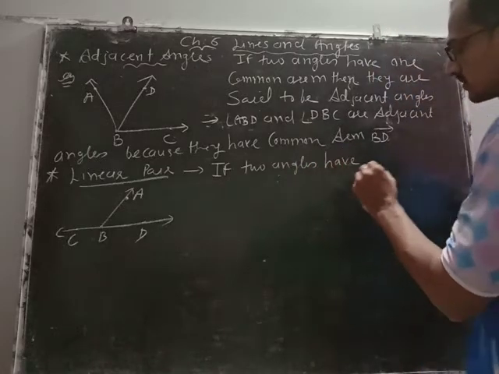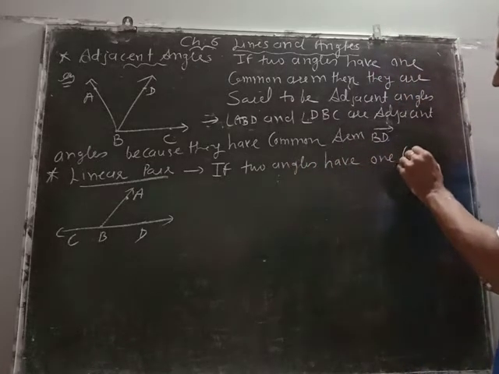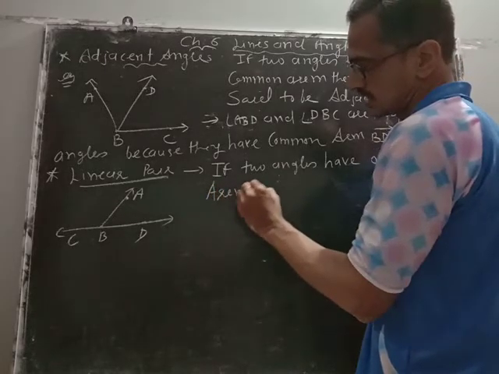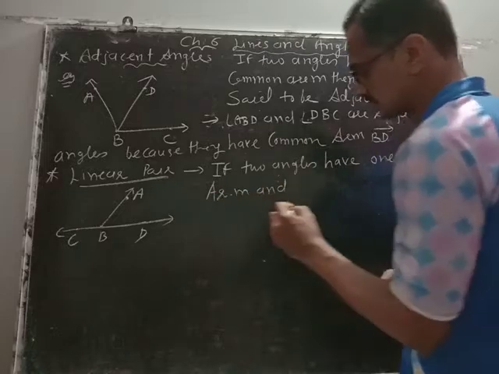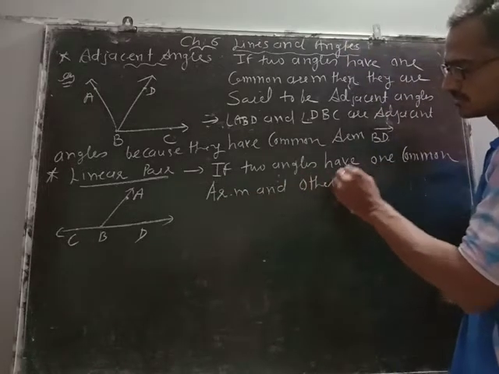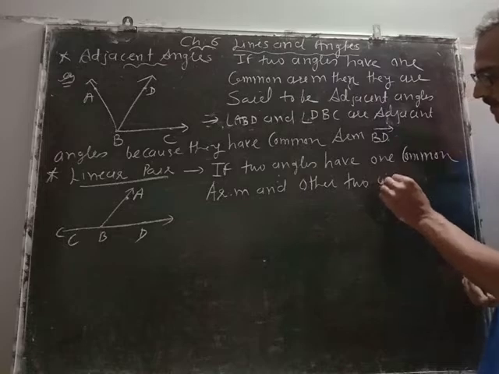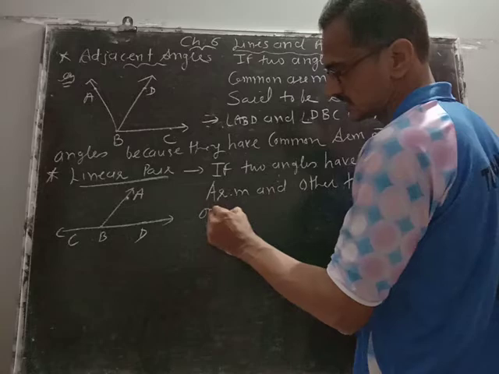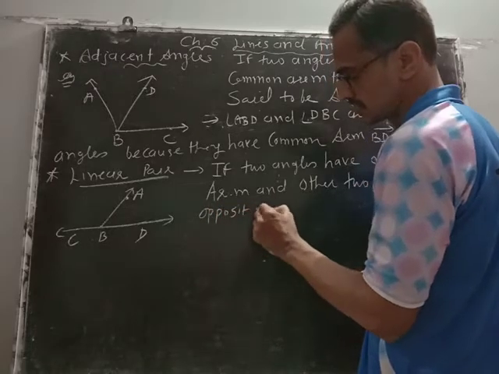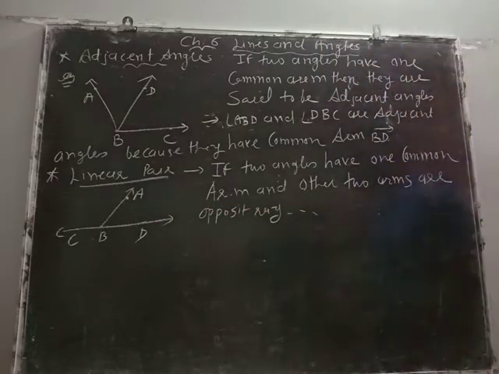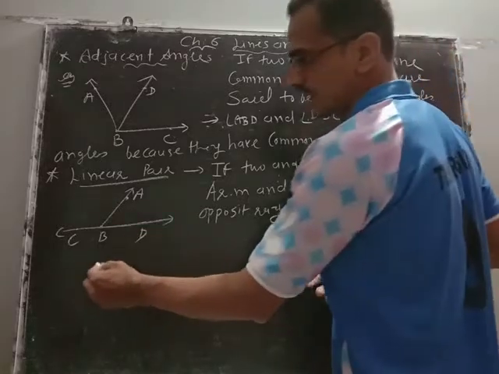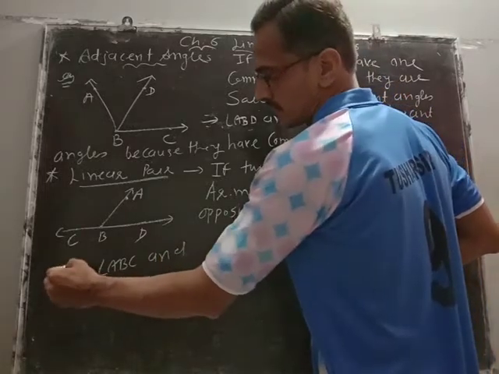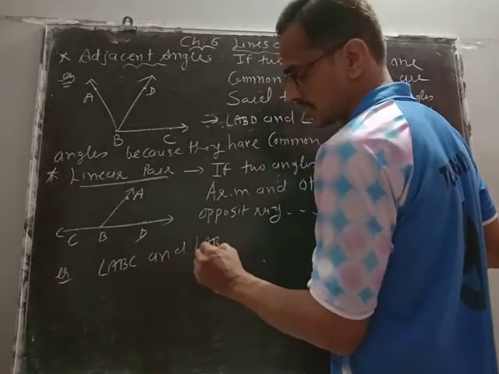Angles have one common arm and other two arms are opposite rays, then such angles are called angles of linear pair, like angle ABC and angle ABD.